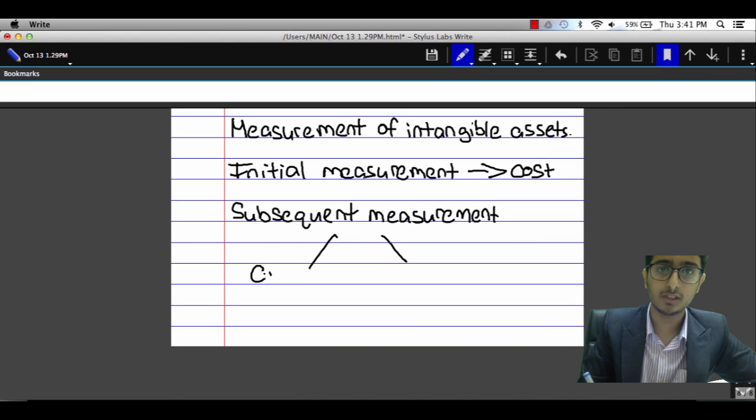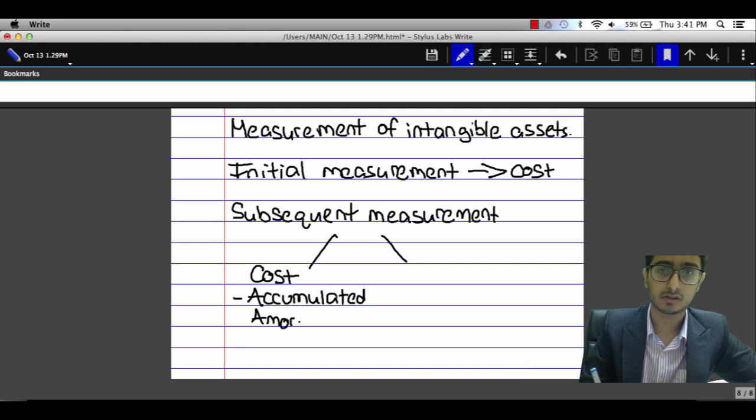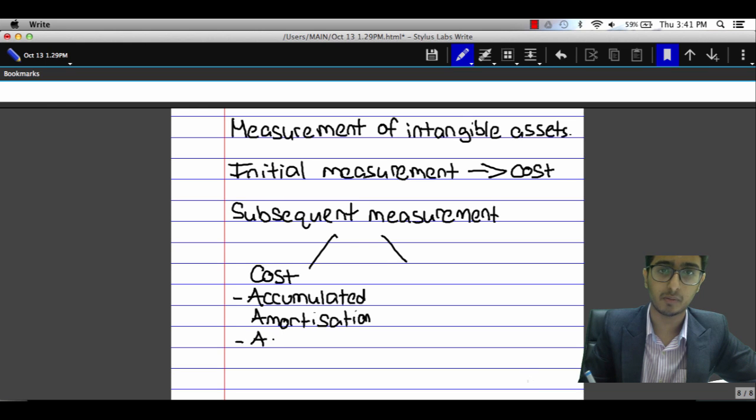First one is your cost minus any accumulated amortization. And we will also deduct any accumulated impairment losses.